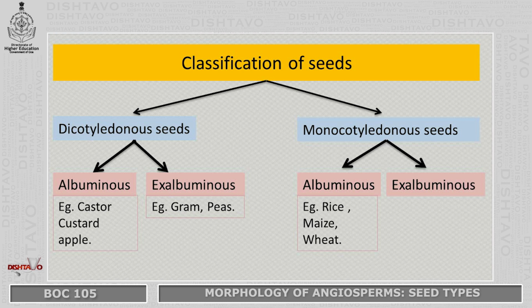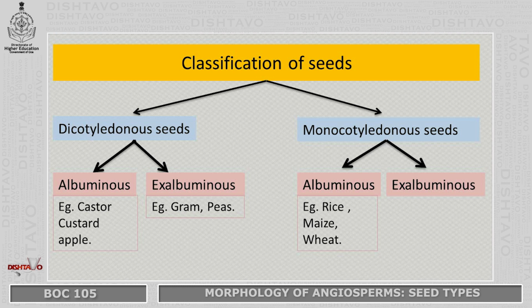This seed has a hard coating outside, and inside it has a kernel which is white in color and has an oily food storage tissue along with the endosperm and the embryo. The food here is stored inside the endosperm, and that's the reason it is called an endospermic or albuminous seed.